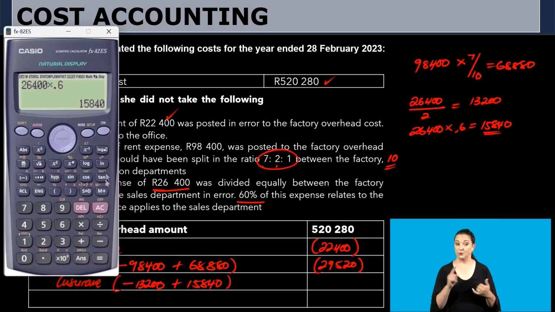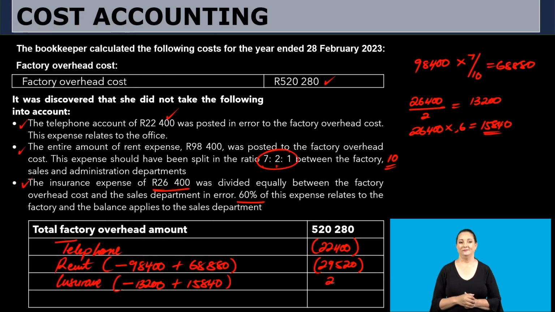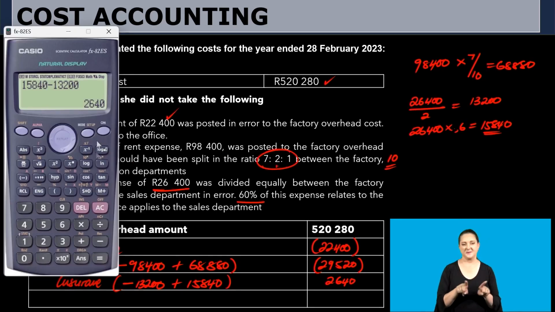So 15,840 minus 13,200 gives you 2,640. Even if you had said minus 13,200 plus 15,840, it would still give you 2,640.